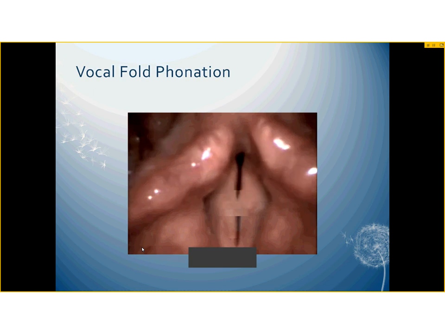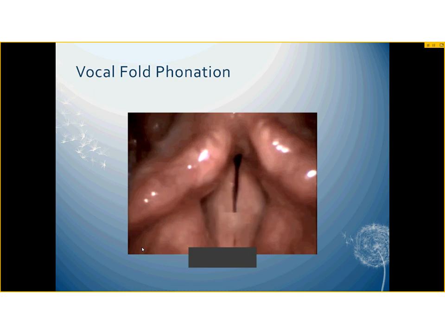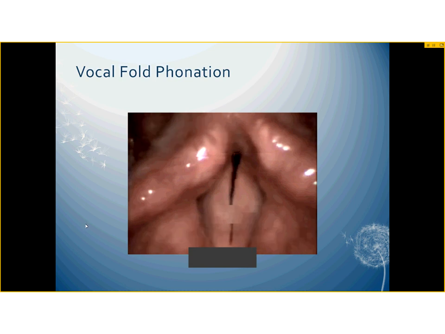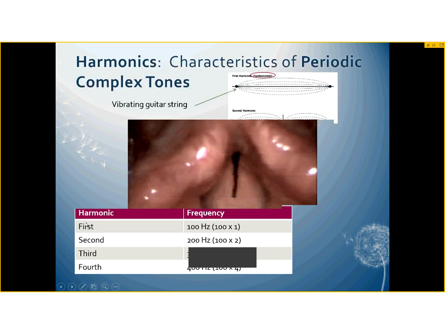And if you notice, there's kind of a ripple, or it's kind of vibrating and touching in different places. So your vocal folds actually produce multiple tones, not just one. They're slowing this down because you really could not see this with the naked eye. Hold up.